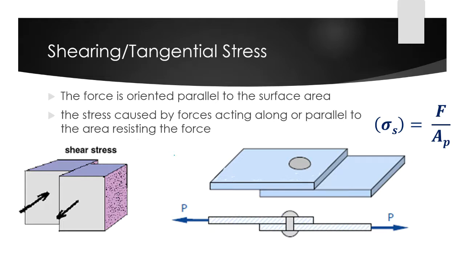Next we have the shearing or tangential stress. The force is oriented parallel to the surface area. It is the stress caused by forces acting parallel to the area resisting the force. For example, we have these figures here.